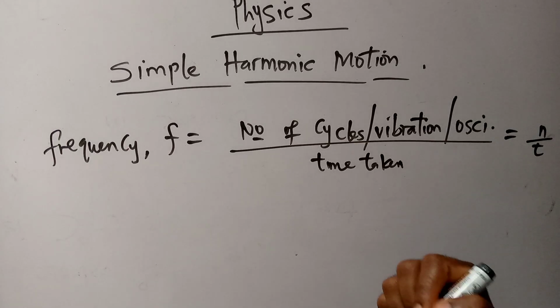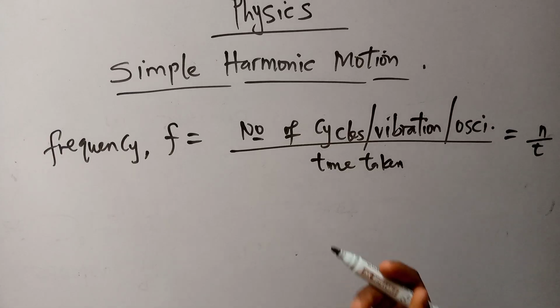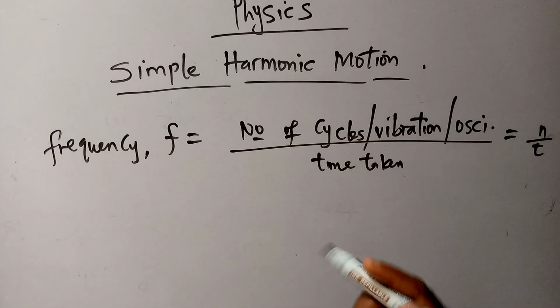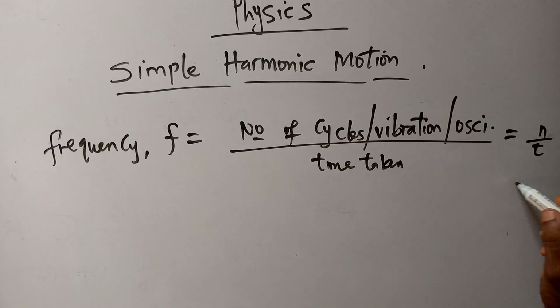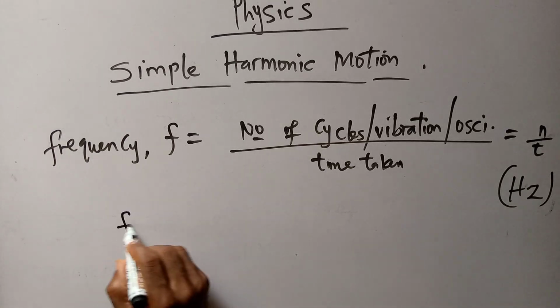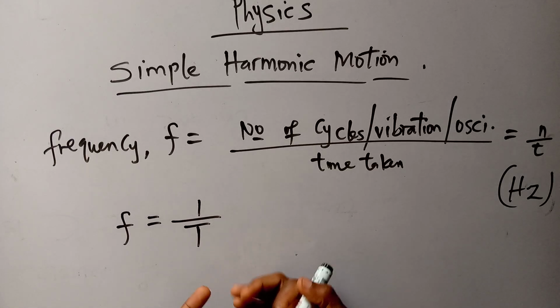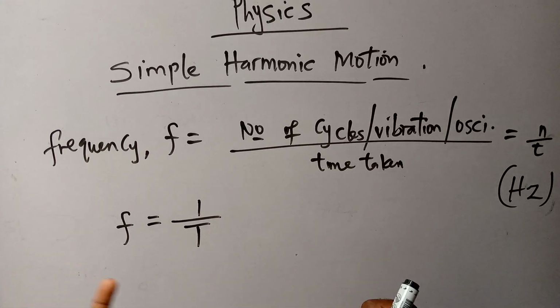That formula can be used to calculate the frequency when the number of oscillations and the time are given. The unit for frequency is hertz. The frequency is also related to the period with the formula f equal to 1 over the period. So when the period is given and you are told to get a frequency, this formula can be used.